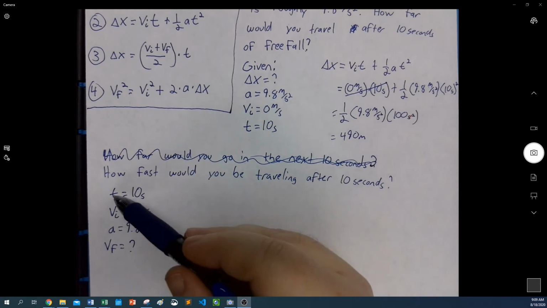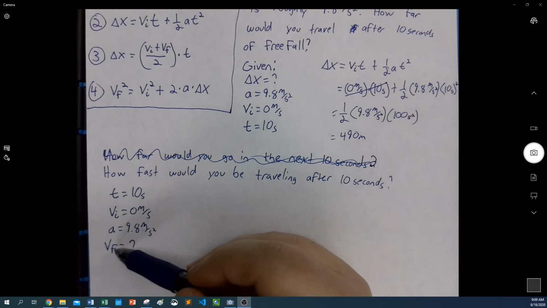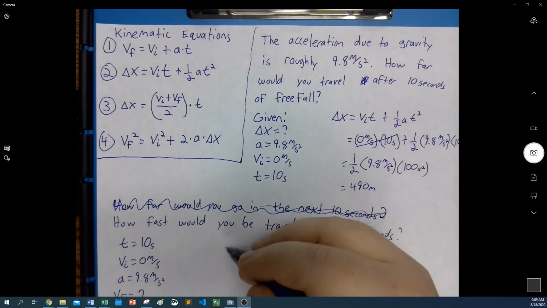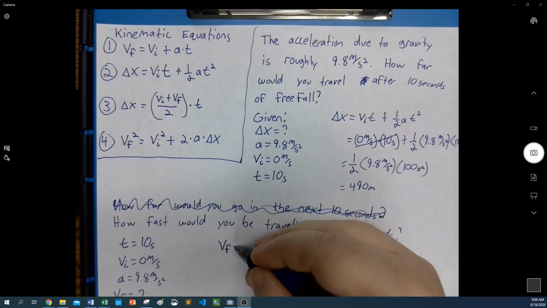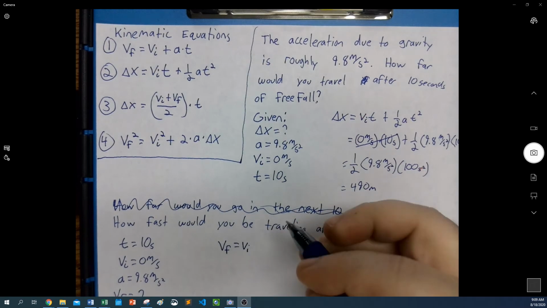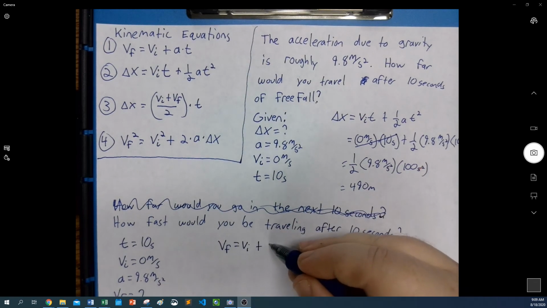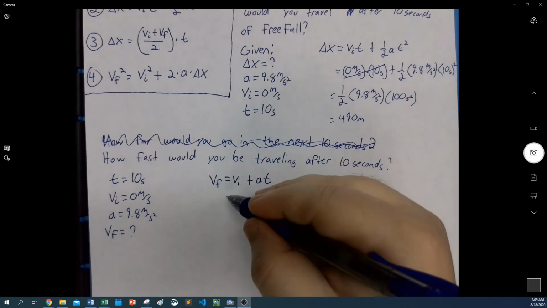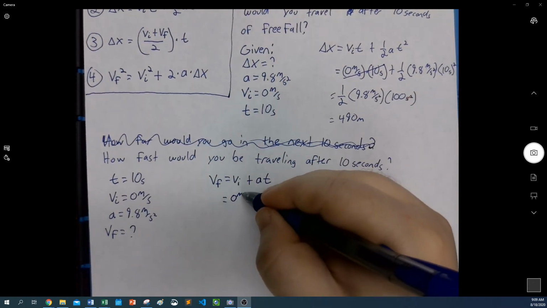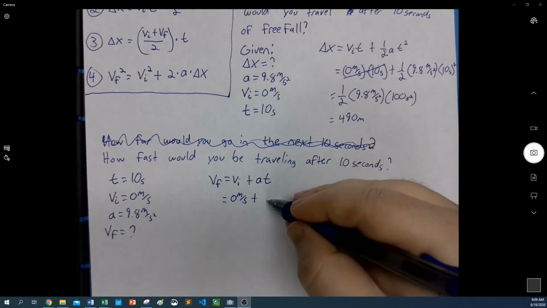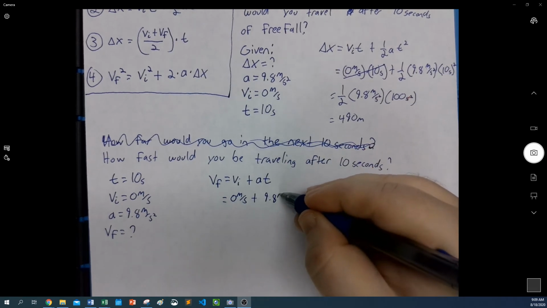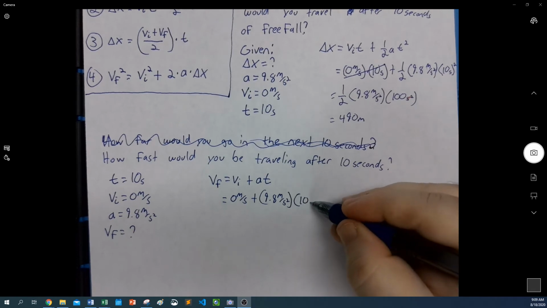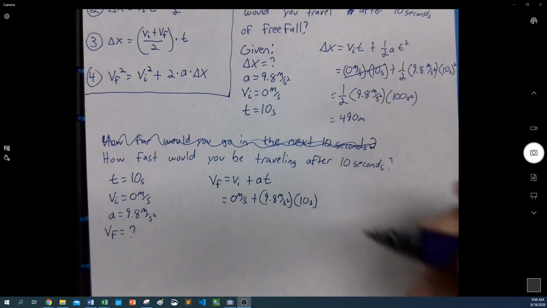So we got T, VI, and A. We're looking for VF, so we will use this first equation. Final velocity is equal to initial velocity plus AT. So our initial velocity is 0 meters per second plus 9.8 meters per second squared times 10 seconds.